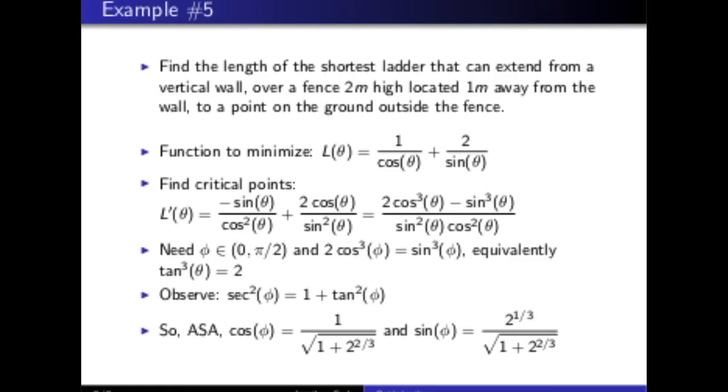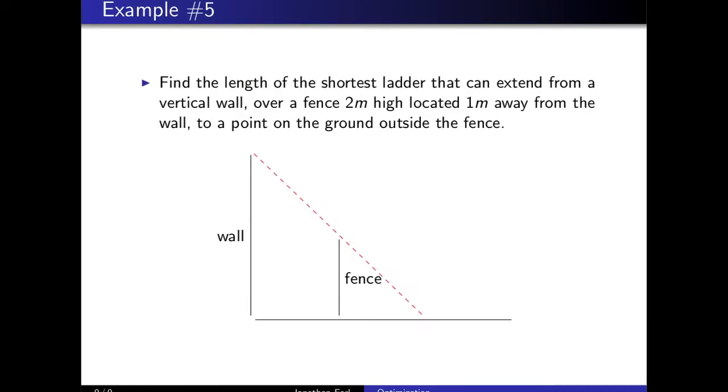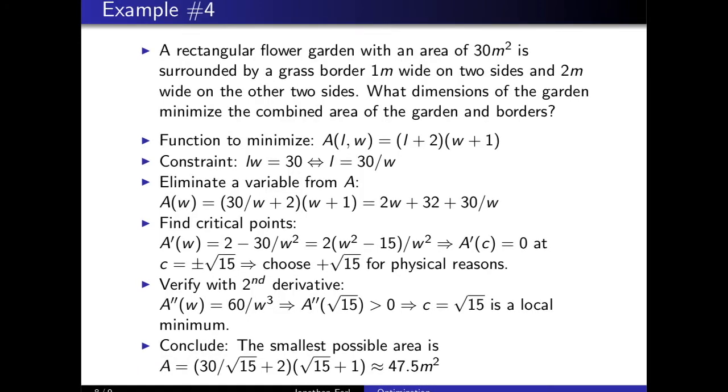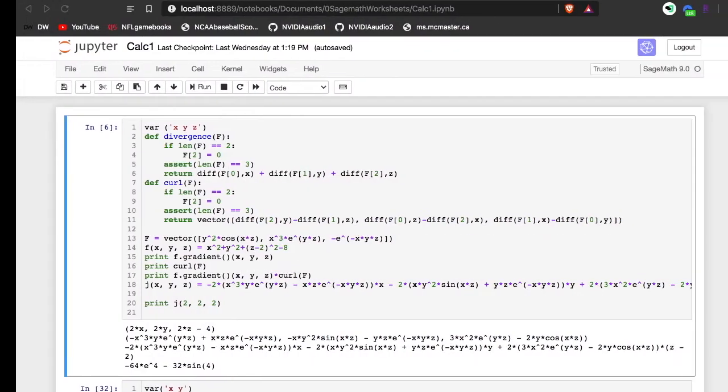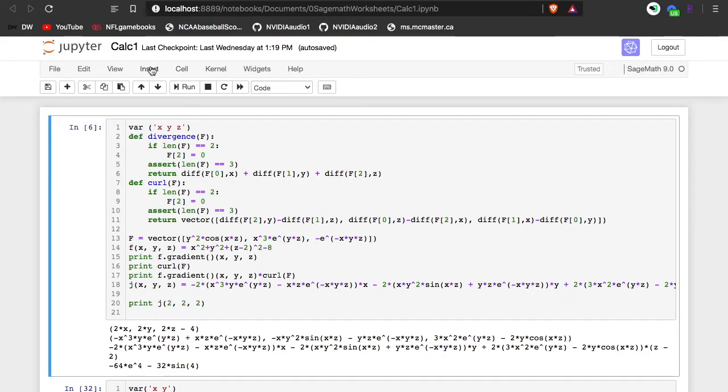Okay, so one thing I want to do to just wrap up is show you how you could use Sage to solve these kinds of problems. Okay, so we have this question, and I'm going to solve it in Sage as well.